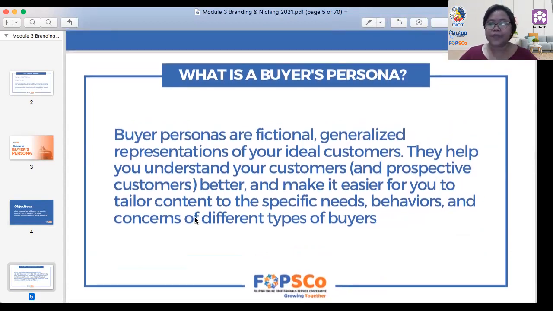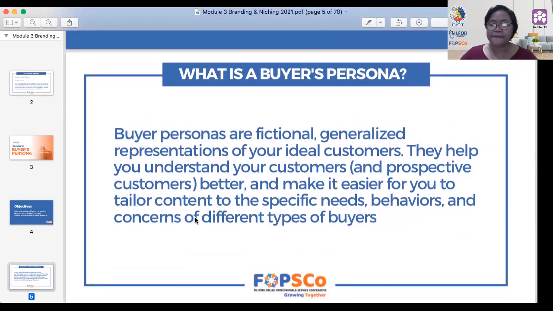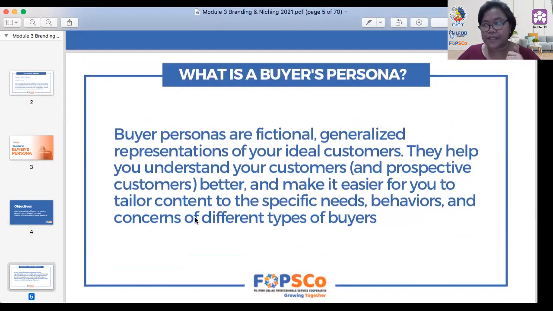So in defining a buyer persona, although this is a fictional character, it is a representation of your ideal customer, which you are going to define. It will be best for you to understand the customer.